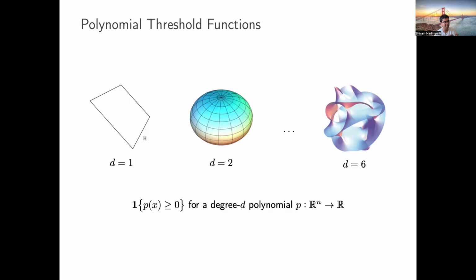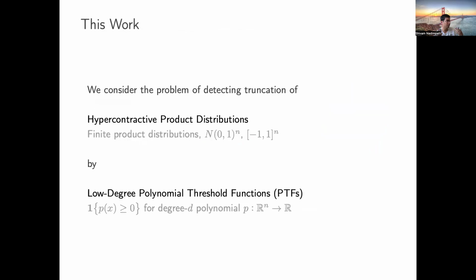When d equals 2, a concrete example is an ellipsoid. But polynomial threshold functions don't have to be convex. So in some sense, they are not as structured as convex sets. So in this work, we consider the problem of detecting truncations of hypercontractive product distributions by low-degree polynomial threshold functions.